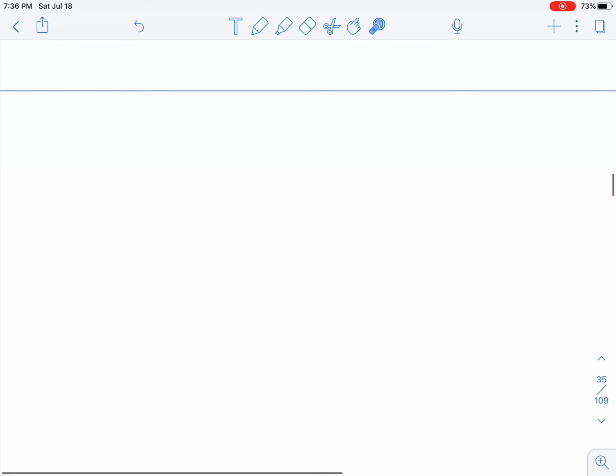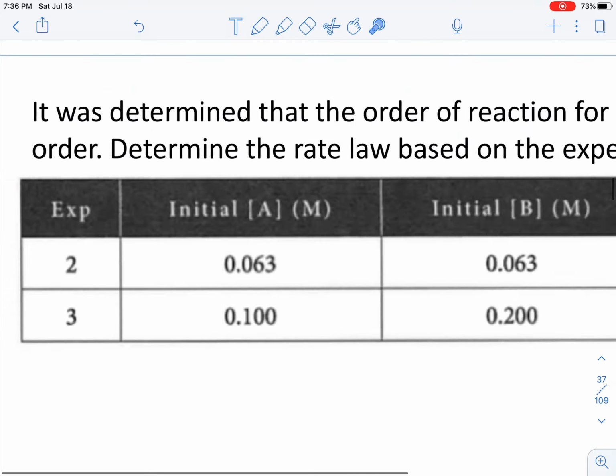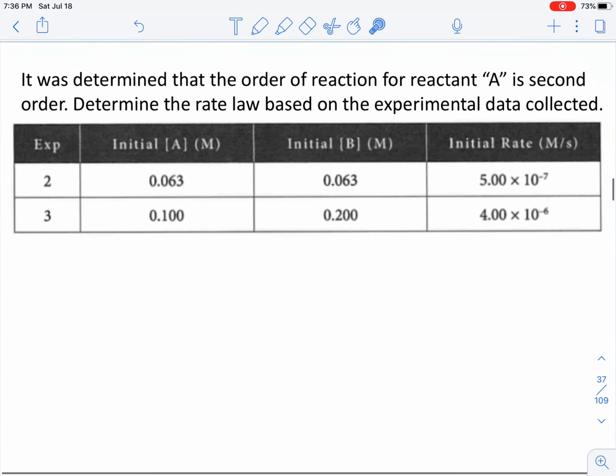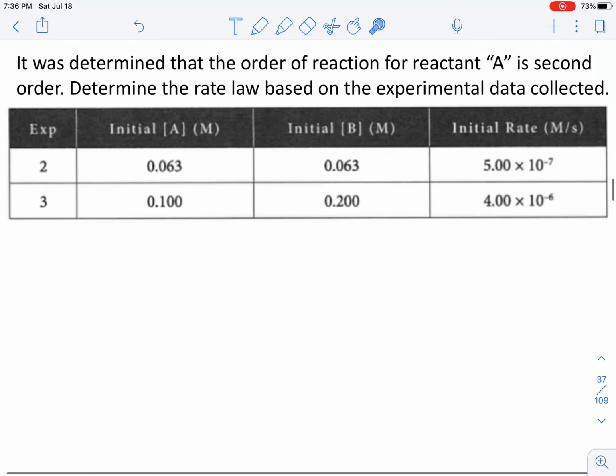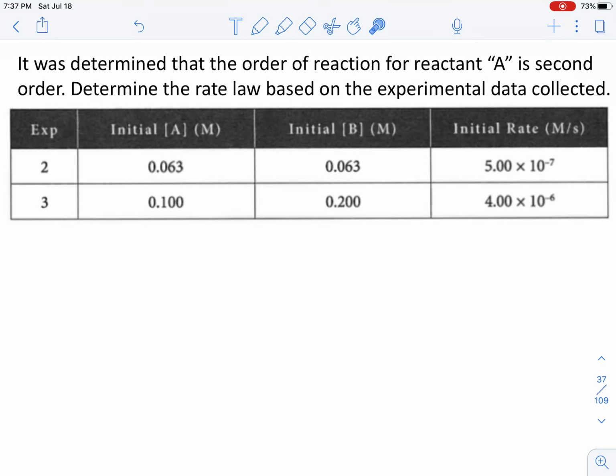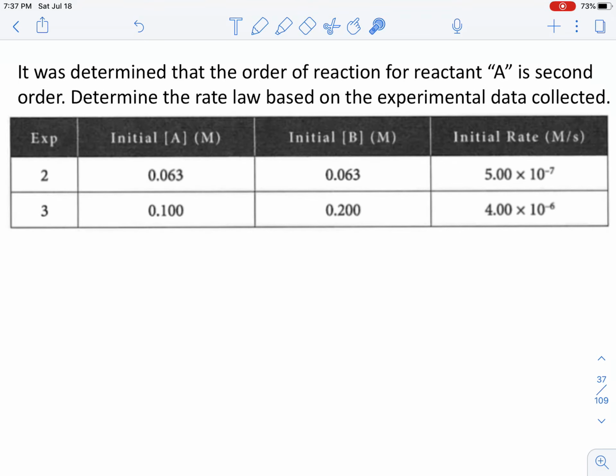All right, and so for the second example, we're going to go ahead and take a look at how to solve the complete rate law based on concentrations between two or more experiments that is not the same. So reading this problem, let's see here.